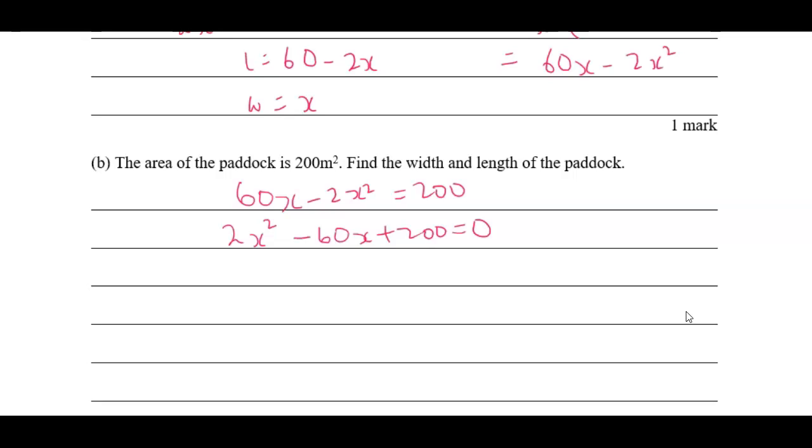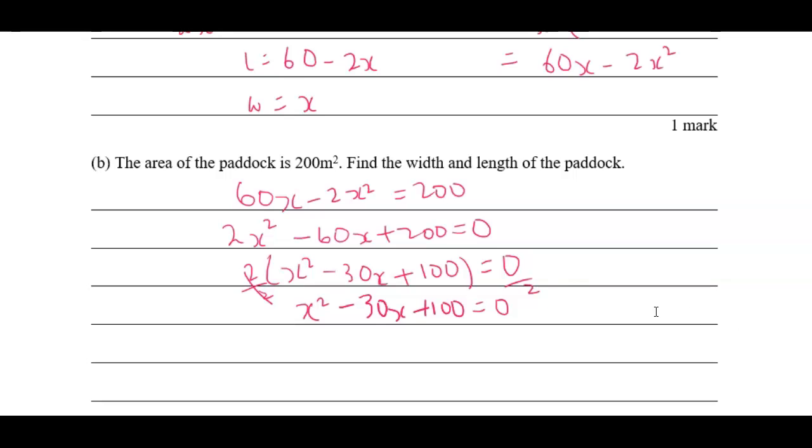Now at this point, I can take out a common factor of 2. You don't have to write it like this, but I'm just going to show you why that 2 disappears. If I divide both sides by 2, that goes, and 0 divided by 2 is still 0. So you're still left with x squared minus 30x plus 100.